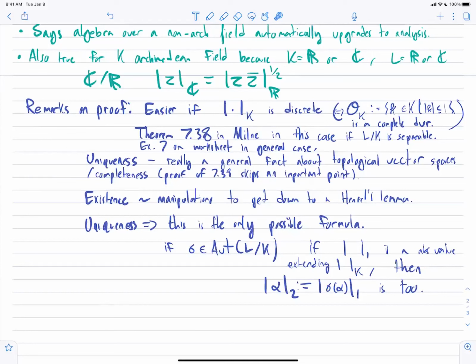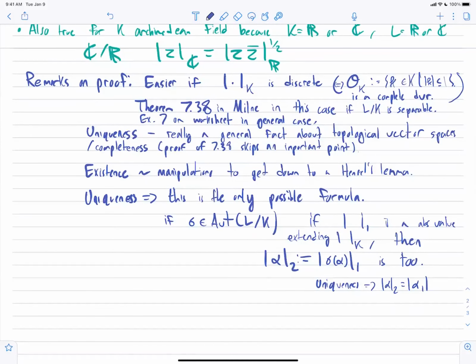But if there's a unique such absolute value, uniqueness implies the first absolute value is equal to the second absolute value. So the absolute value of alpha is equal to the absolute value of sigma of alpha.